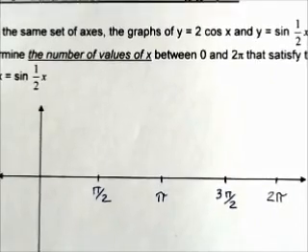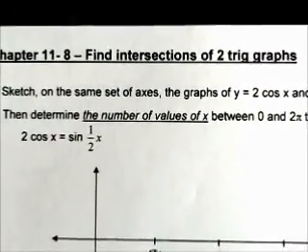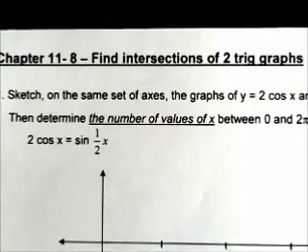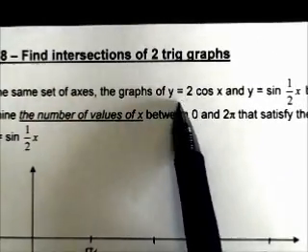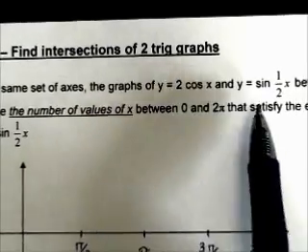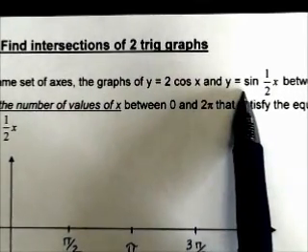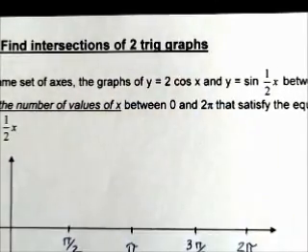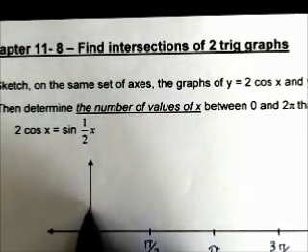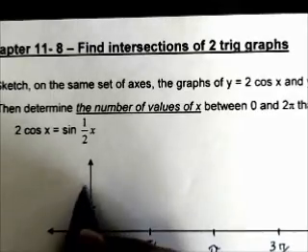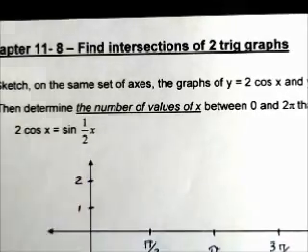And for our y-axis, we have y equals 2 cosine x, which is going to get as high as 2, and then y equals sine 1/2 x will get as high as 1. All right, so we only need to go up to 2 for our y.